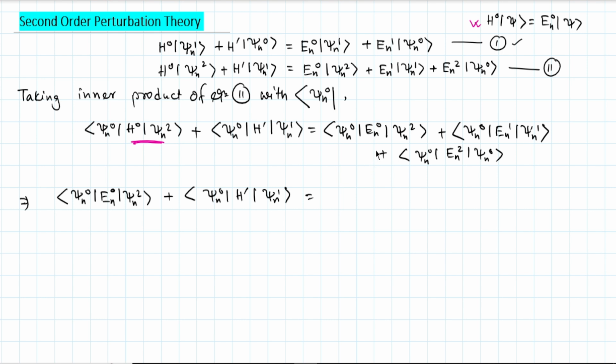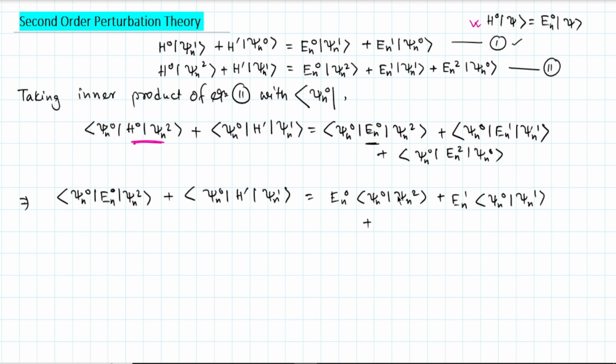So after that, E n 0 is just a number, so it comes out from the bra-ket notation. For the second term of the right hand side, E n 1 is also a number, so it comes out from the bra-ket notation.